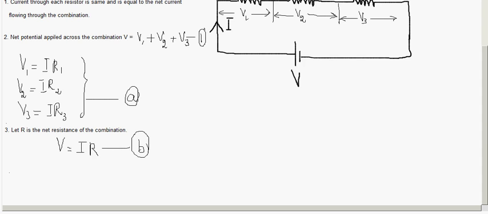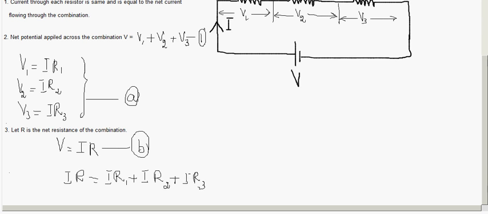So we have V, that is I into R, is equal to I into R1 plus I into R2 plus I into R3.